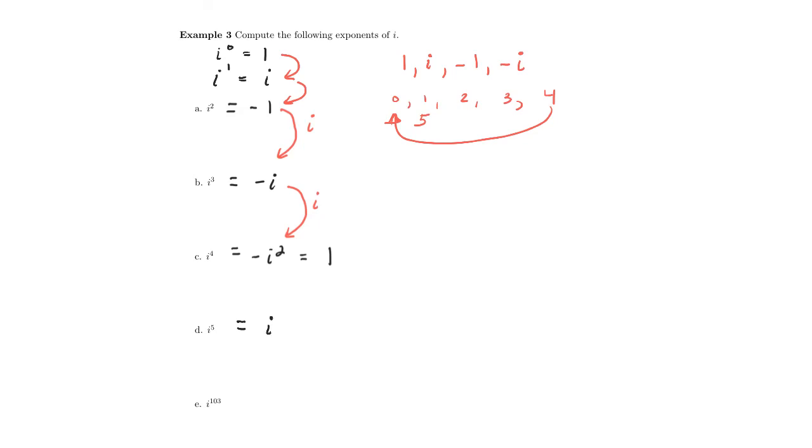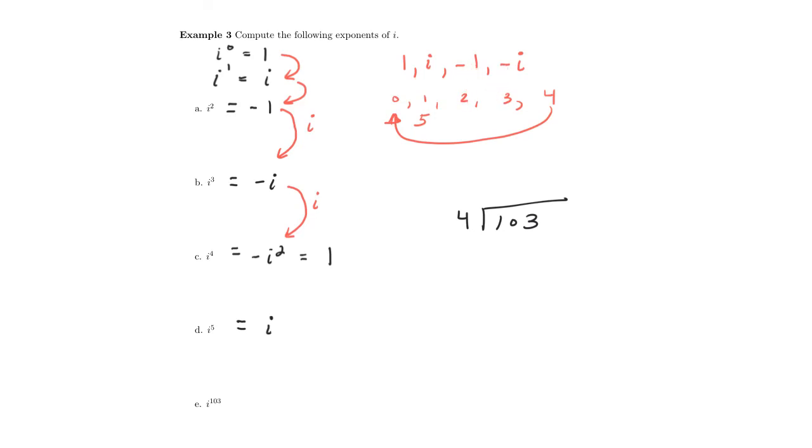Now, if you want to know what i to the 103rd power is, a simple trick here is to divide 4 into 103. That's what this process is over here. It's telling you that if the remainder is 0, your answer is 1. If the remainder is 1, your answer is i. If the remainder is 2, your answer is negative 1, and so on.